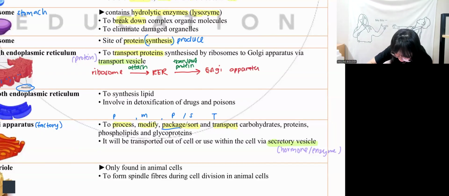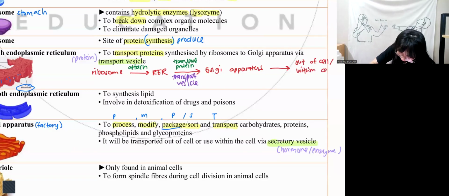The G has to be a capital letter. When they want to transport, they have to use a vesicle called transport vesicle. Golgi apparatus, they will pack PMPST out of cell or within cell. Either one, okay, out of cell or within cell.